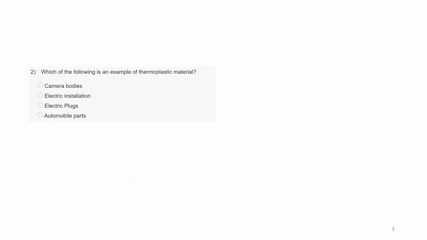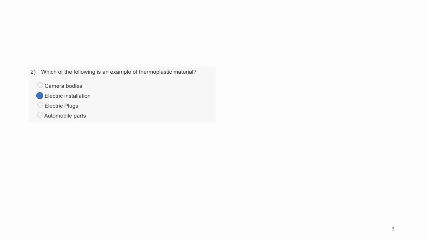Next question is, which one of the following is an example of thermoplastic material? Your options are camera bodies, electric installation, electric plugs, or automobile parts. So the correct answer here will be electric installation.